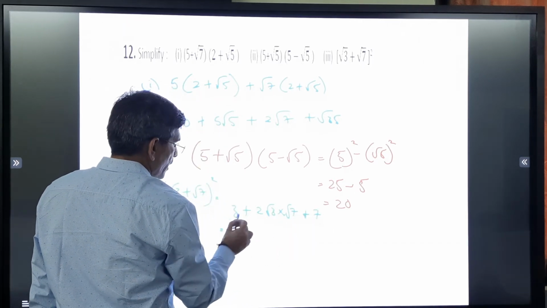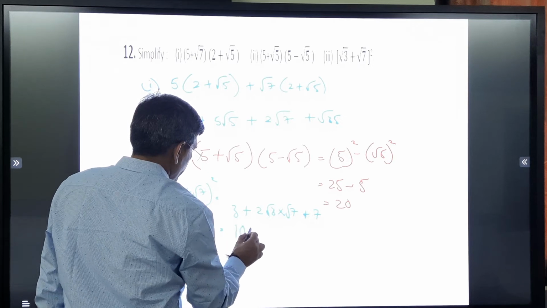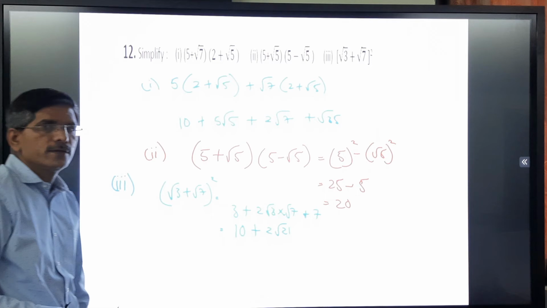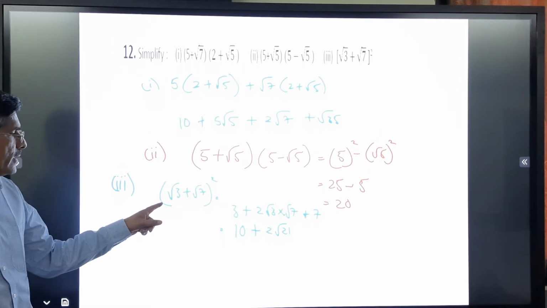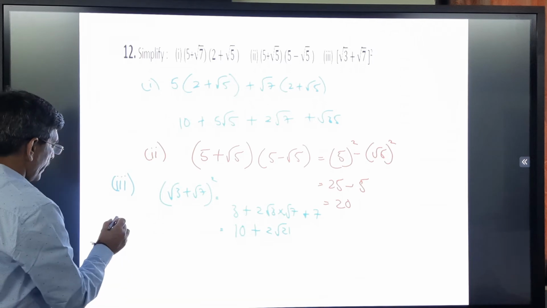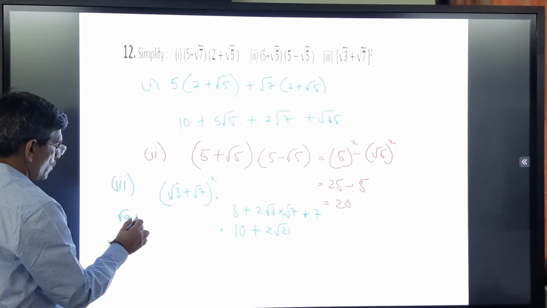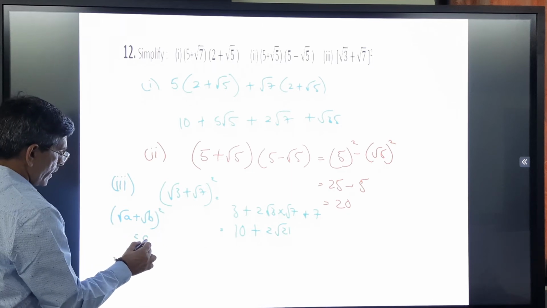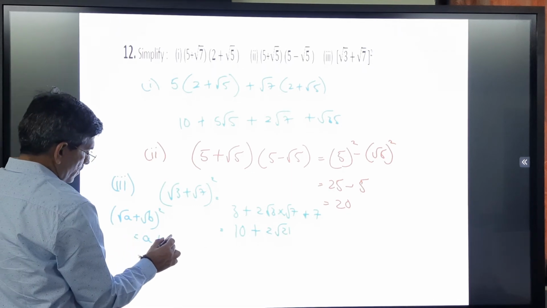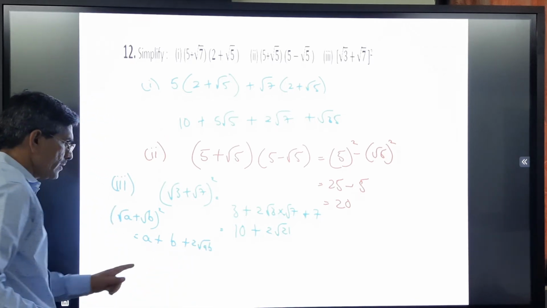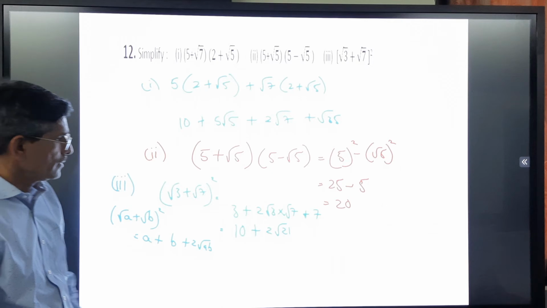So 3 plus 7, that is 10. 10 plus 2 root 21. Because already we have the identity root a plus root b whole square, then answer is a plus b plus 2 into root a root b. So that identity we are using it here.